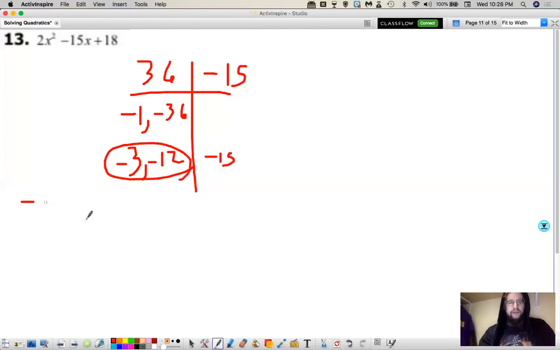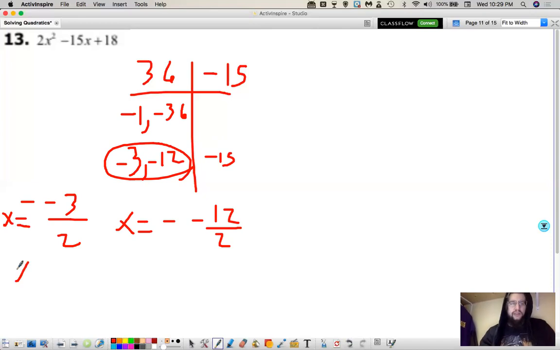Negative 3 over 2, and that's x equals. Let me write that down. Negative 12 over 2. That's going to be positive. Simplify it first. So x equals 3 halves. x equals 6.